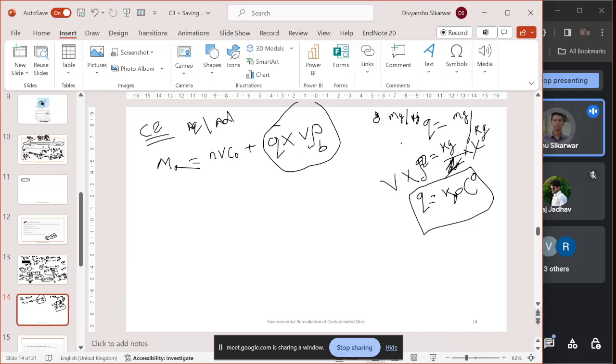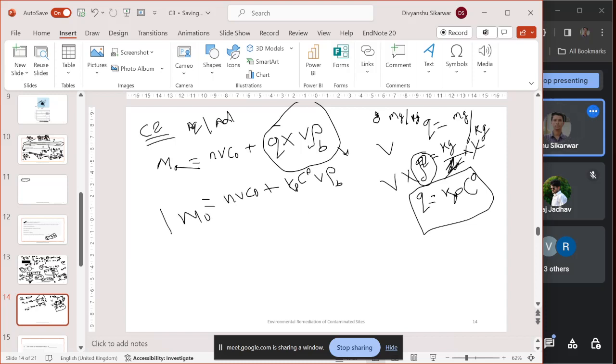So we can calculate Q value from here, and once we have Q value, if we know how much contaminant is there in 1 kg of soil, we can calculate the mass for the V volume of soil because we know the bulk density of the soil. So we will get this formula. If we replace this Q value, we can replace it, C naught plus Q, with Kp, Qv.